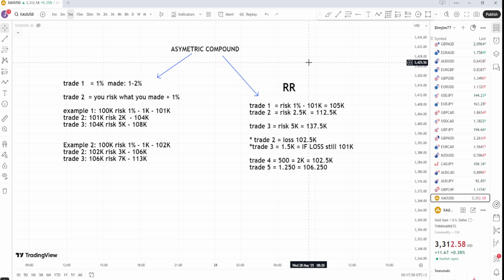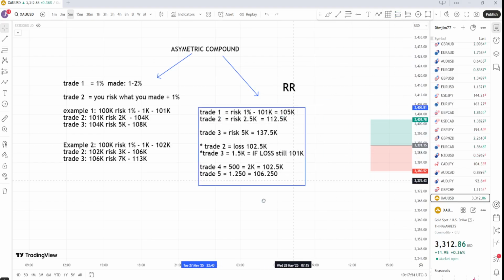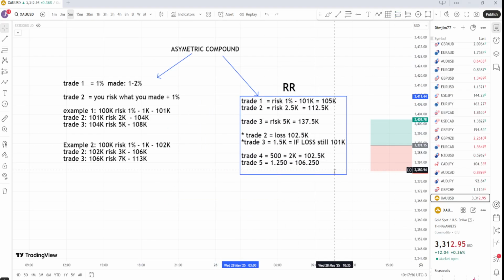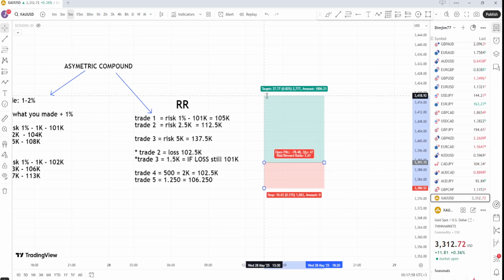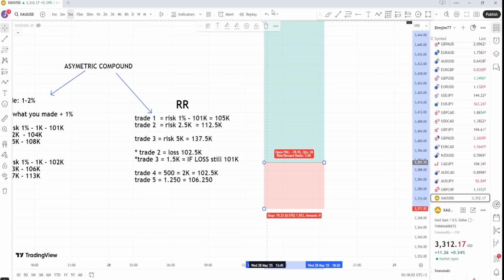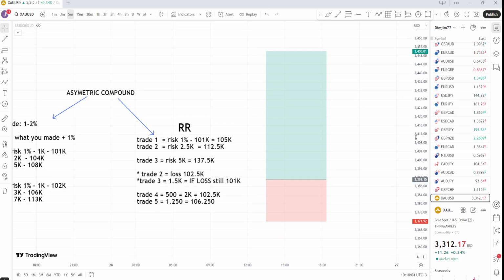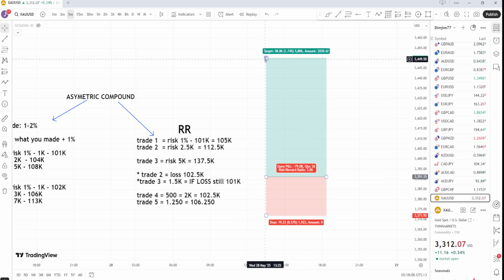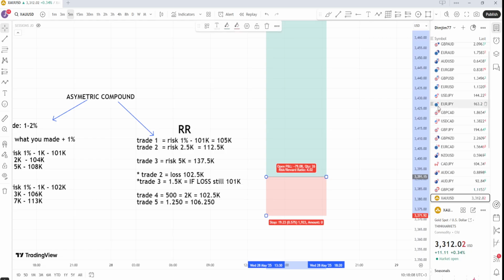Okay, and in order to do that, it's not like, to give you a visual representation here, my stop loss is like that, and that would be, I would say, an enormous move.